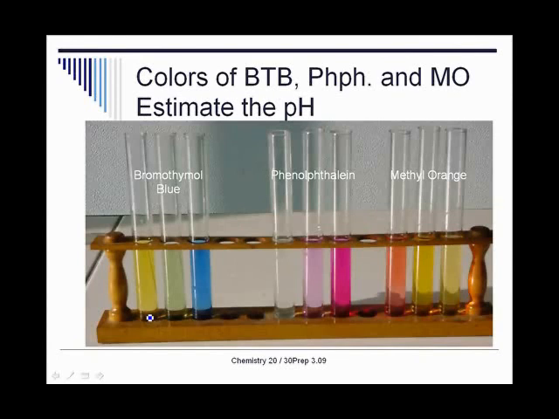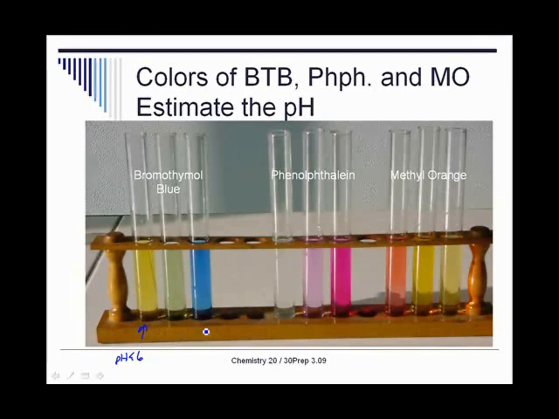So if we look at bromothymol blue, the first solution here is yellow. And if we take a look at our indicator acid-base chart in your data booklet, it's page 10. And it's the same page for either the 2003 or 2008 data book. And we see that it changes from yellow to blue. It's yellow when the pH is less than 6. So for this solution, the pH is less than 6.